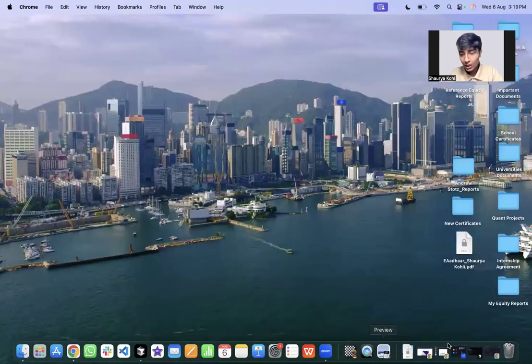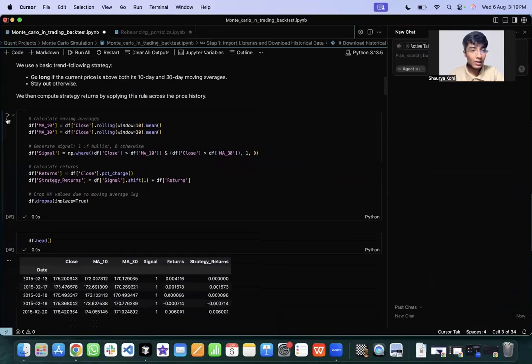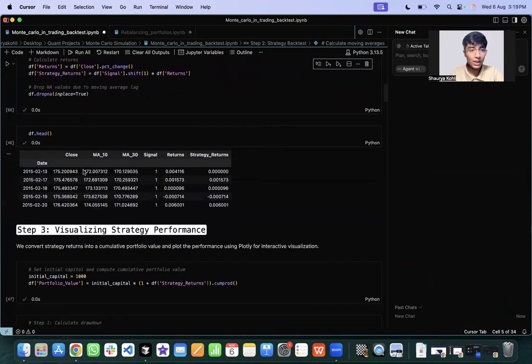And if I go to the backtesting again over here, we are able to see the closing price of each and every set of the data with the MA10 and the MA30, with the returns as well. For example, over here, the return was 0.4%.